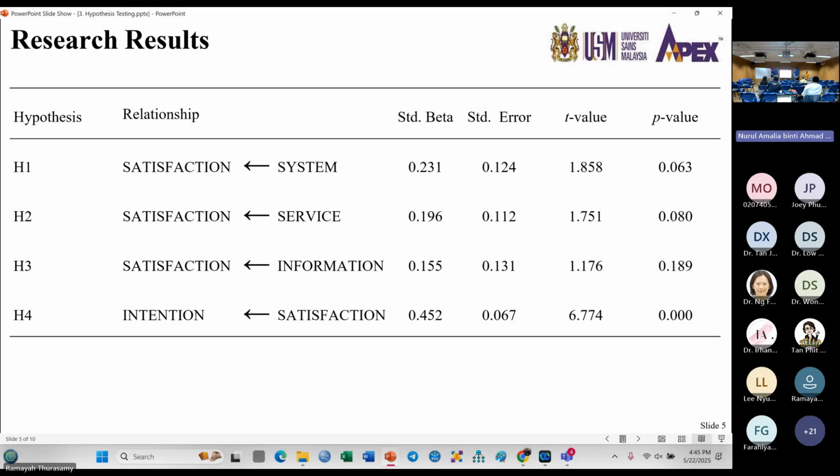Number 4, significant. You have a major correction. Number 1, number 2, and number 4, is it?